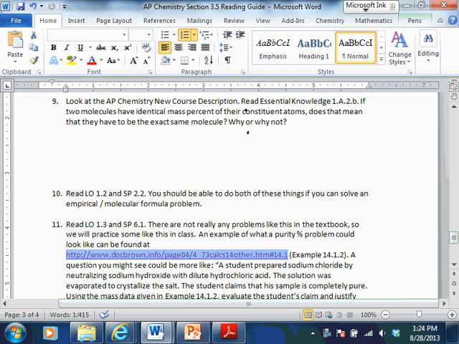No, okay? Because there are certain things, I'm trying to think of a good example here. A lot of the organic compounds.